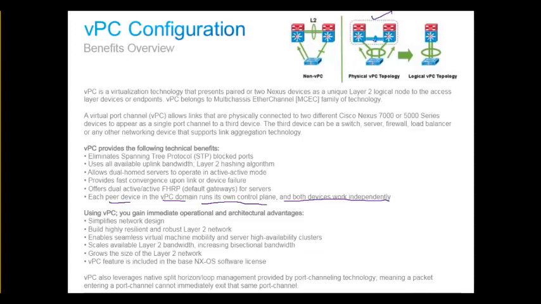This is the big difference between vPC and VSS, which is not in our curriculum but is there in service provider. In VSS, for both devices you will have one control plane, whereas in vPC you will have a separate control plane for each upstream device. If control plane and data plane are separate, then it is vPC. If you have one control plane and two different data planes, then it is called VSS.